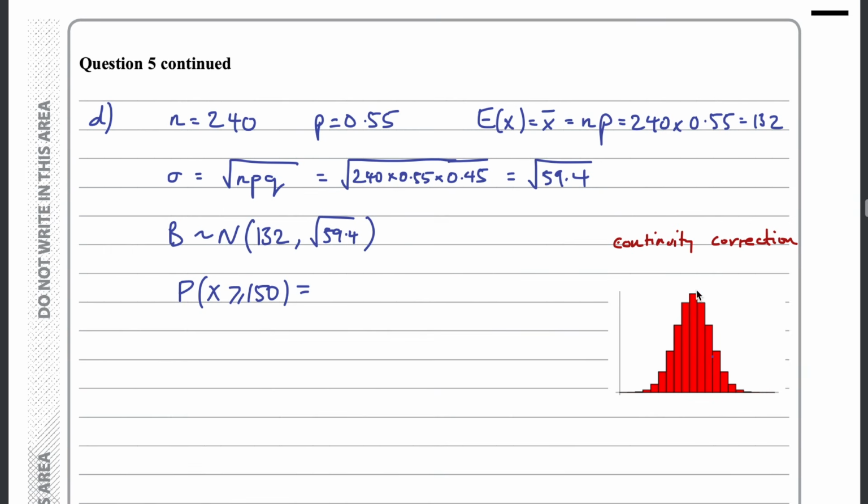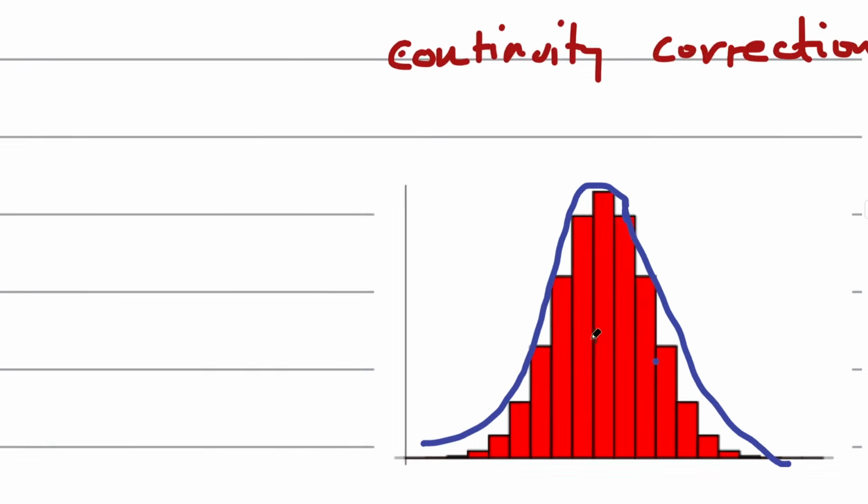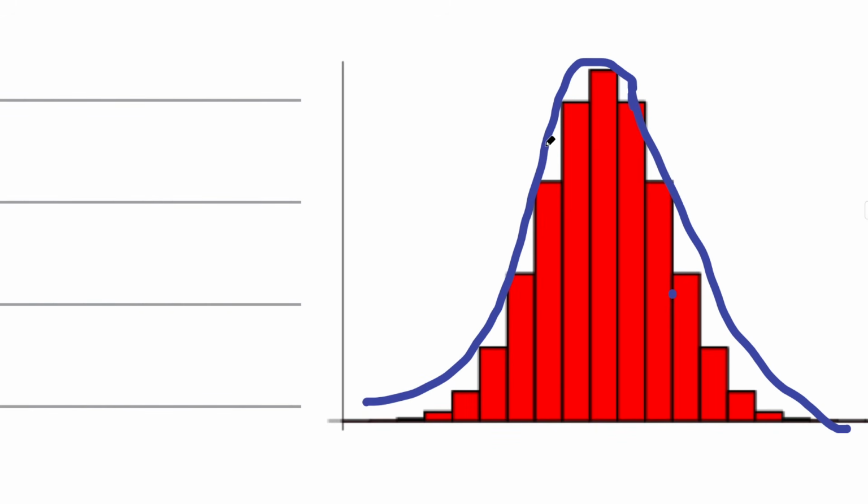Okay, so I've got my binomial down here. So we're going from a binomial to a normal, which is smoothing out those bars. And the continuity correction accounts for the fact that if we take some value, let's say 120 or something, and we're looking for the probability of, say, less than 120, which would be all of this in here, on the binomial, you would be missing out part of that bar.